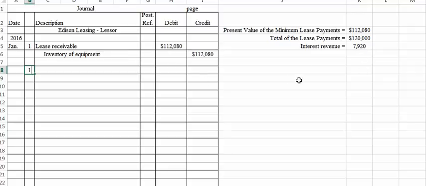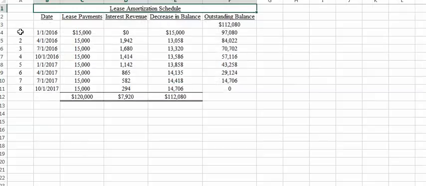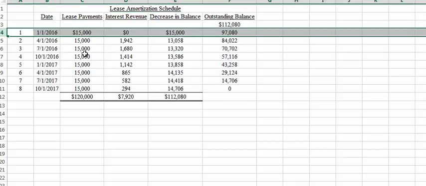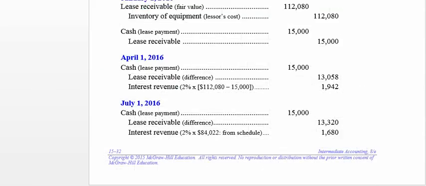But they're going to make some revenue in the form of interest, right? Okay, so also on January 1st, they received cash of $15,000. This is from our top row here, right? On January 1st, they received cash of $15,000, so we're going to debit cash $15,000.